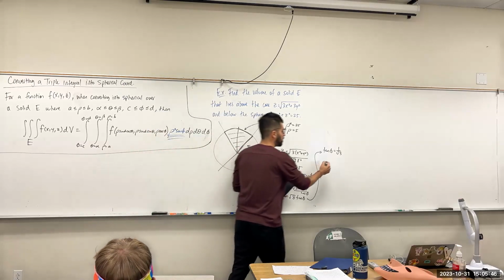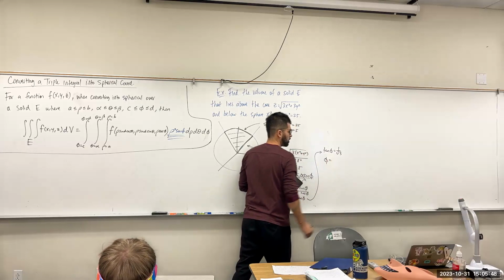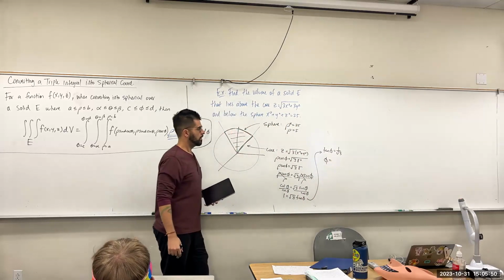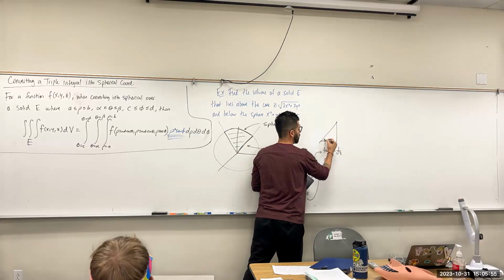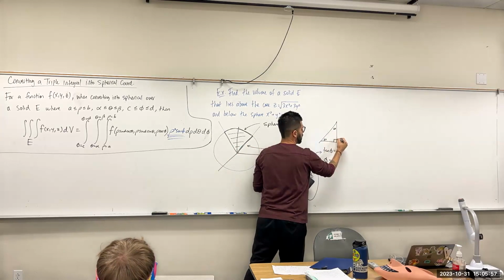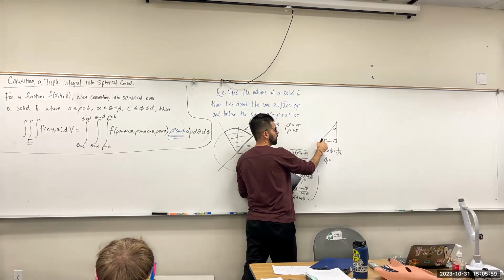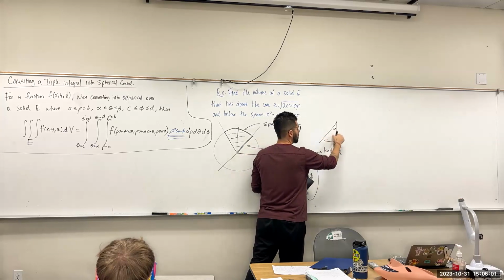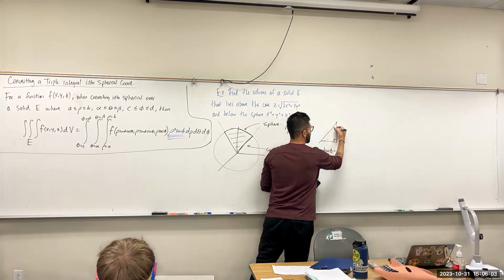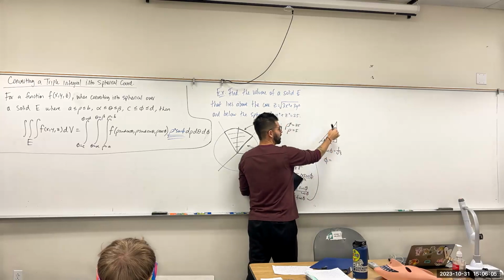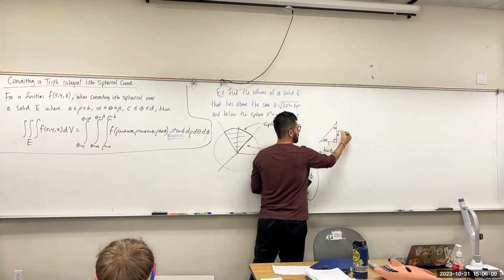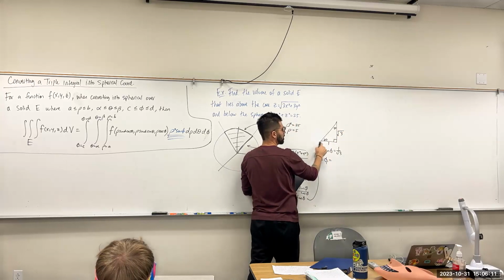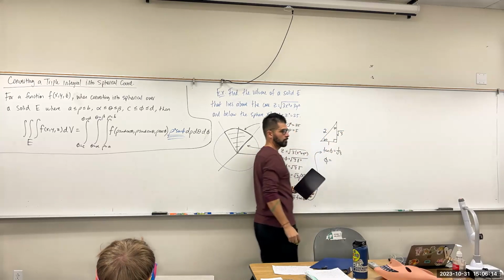Someone help me out here. Let's use a 30, 60, 90 triangle. 30 is the small angle, with side 1. 60 is the larger angle, with side root 3. And then the Pythagorean theorem will give you that this is 2.